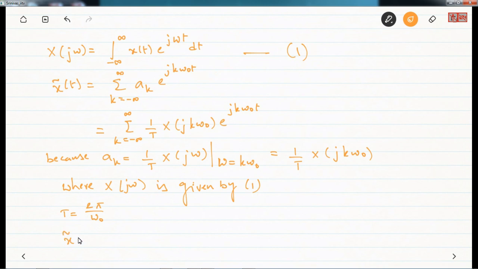If I put that, x tilde of t becomes 1 by 2 pi times the sum over k from minus infinity to plus infinity of X of j k omega naught e^(j k omega naught t) times omega naught.